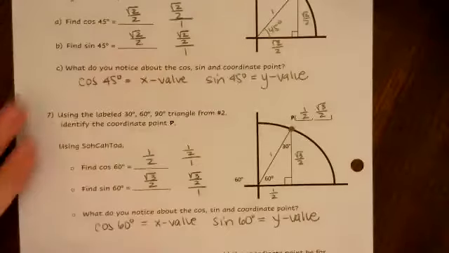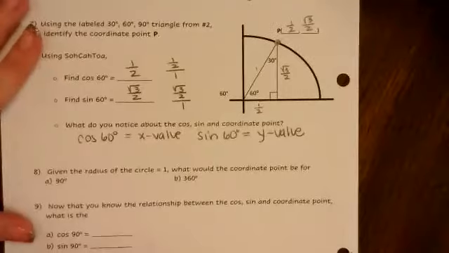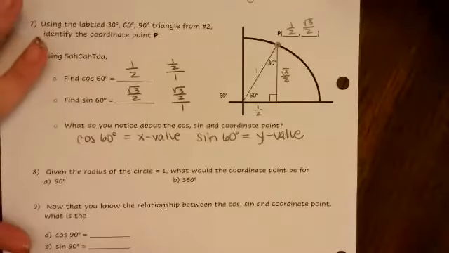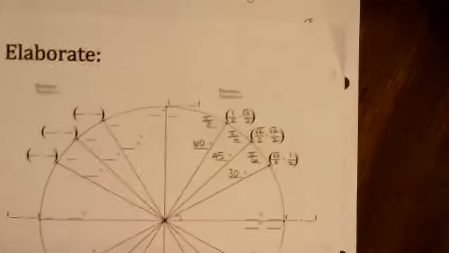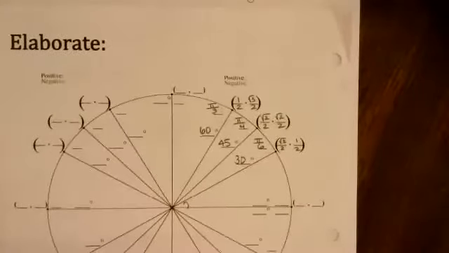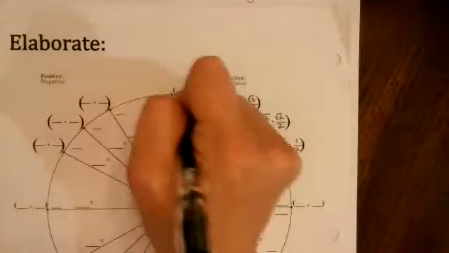The next thing this wants us to do is think back to the 90 and the 360. And it says, given that the radius of the circle is 1, what would the coordinate point be there? So let's look at our unit circle here. This is the 90 degree, which we said was pi/2.